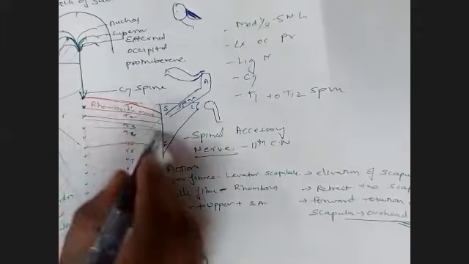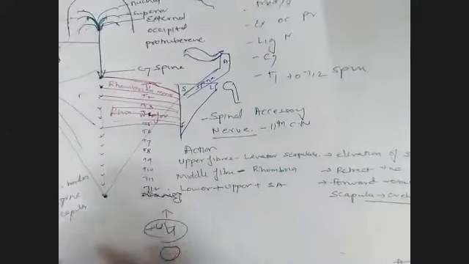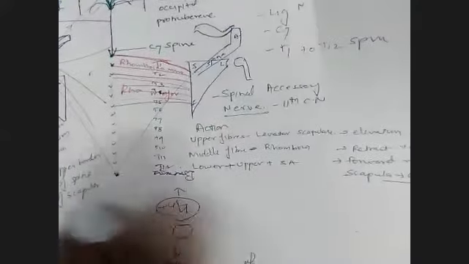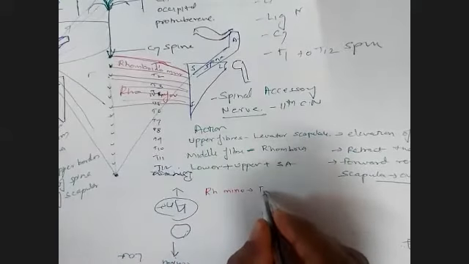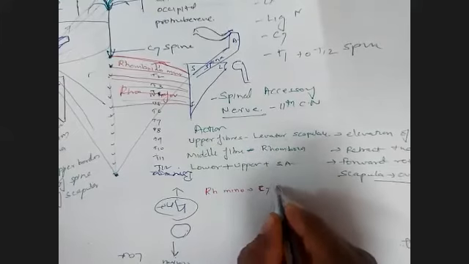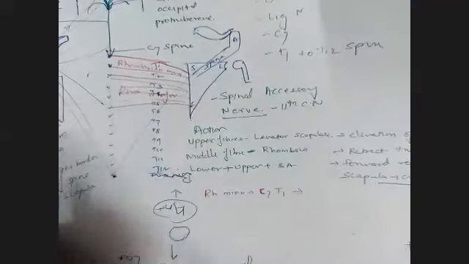This is rhomboid major. So now we know origin of rhomboid minor is C7 and T1, and they're attached to the root of the spine, the medial border of scapula.